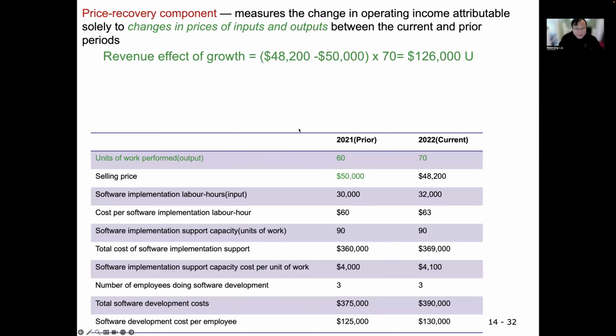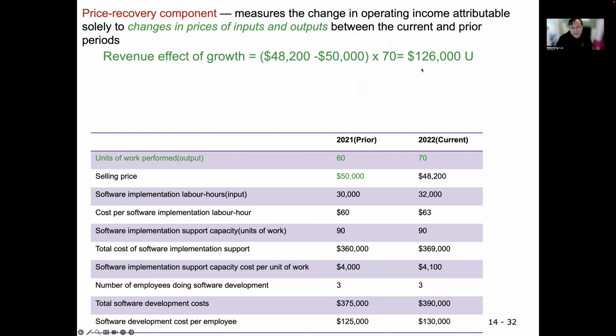So in this case, the revenue effect on the price recovery, you use the current selling price minus prior period selling price and times the current output 70. Okay, so you have 126,000 unfavorable.